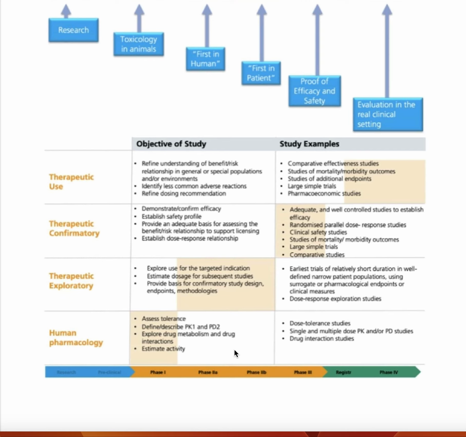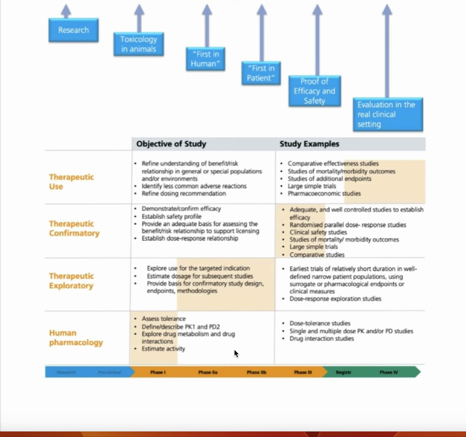And the study examples are the earliest trials of relatively short duration and well-defined narrow patient population using surrogate, and we understand what surrogate is now. What are the surrogate endpoints? We study the surrogate endpoints, and the pharmacological endpoints for the clinical measures, and we do exactly the dose response exploration study.